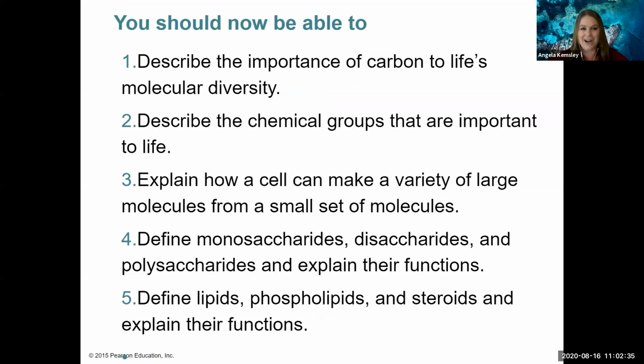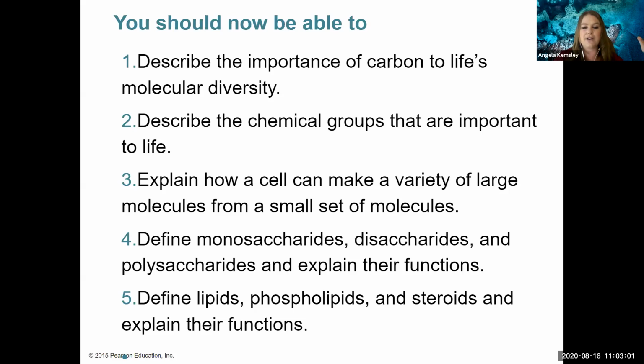Whew. All right, so now you should be able to describe the importance of carbon to life's molecular diversity. You should be able to describe the 6 chemical groups, those 5 functional groups, and the methyl group. Explain how a cell can make a variety of large molecules, which we call macromolecules, from a small set of molecules.